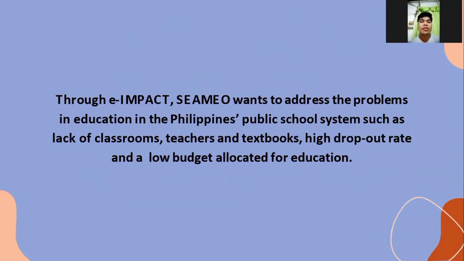So through IMPACT, SIMIO wants to address the problems in education in the Philippines public school system, such as lack of classrooms, teachers, and textbooks, high dropout rate, and low budget allocated for education.